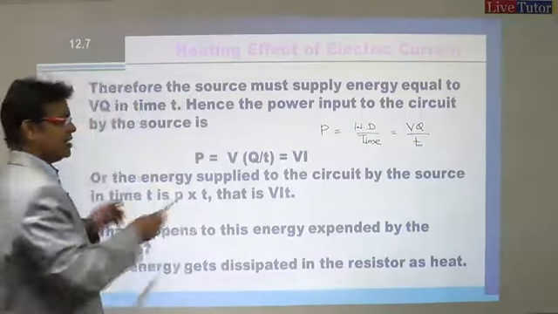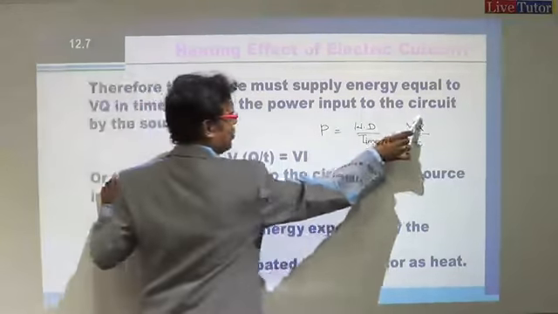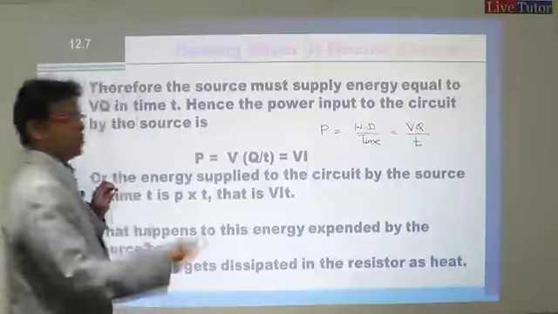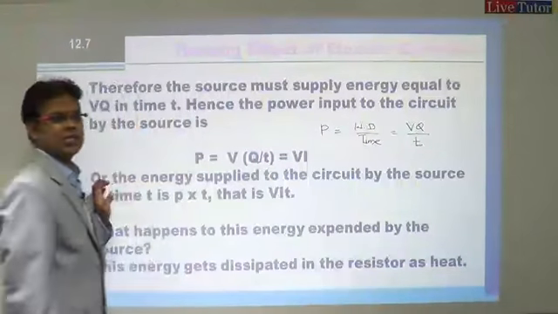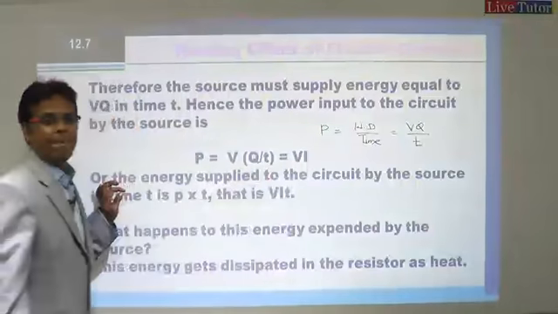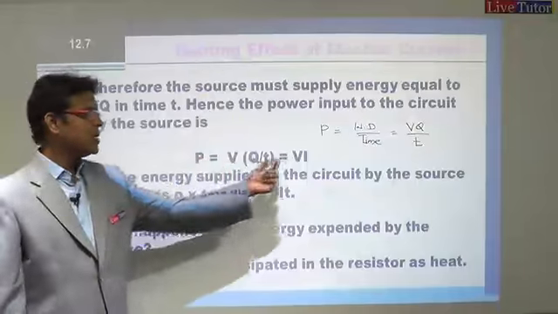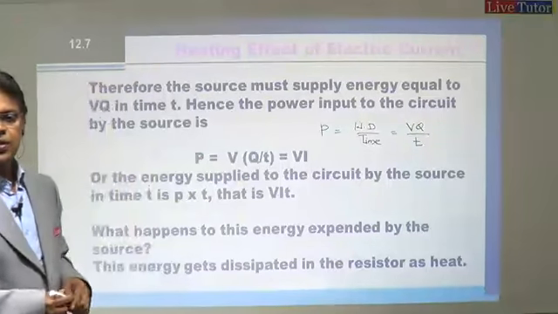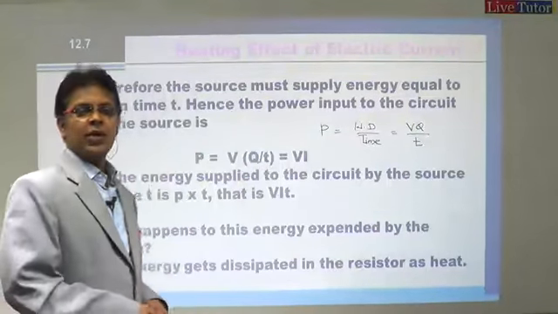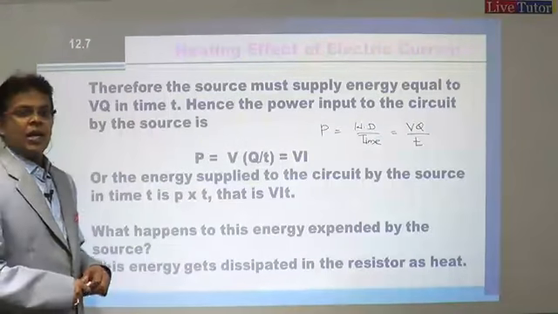Now we separate this Q by t. This Q by t is nothing but the rate of flow of charge. It is nothing but current. So instead of V into Q by t, we can say P is equal to VI. Power is equal to potential difference into current, right?